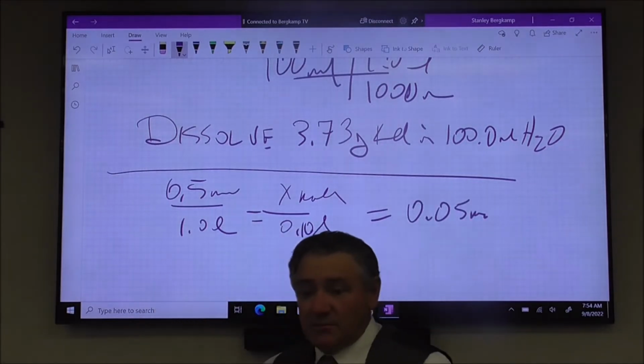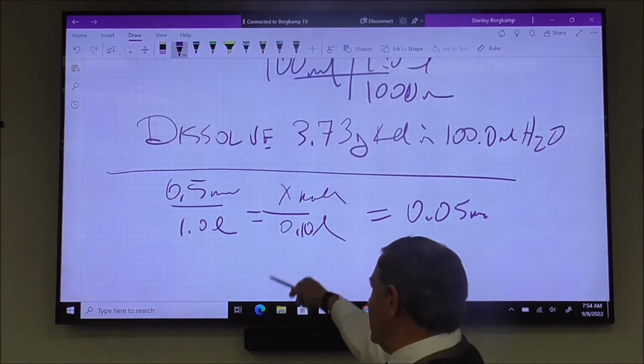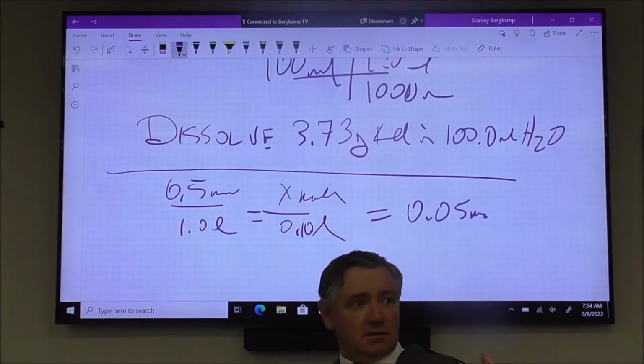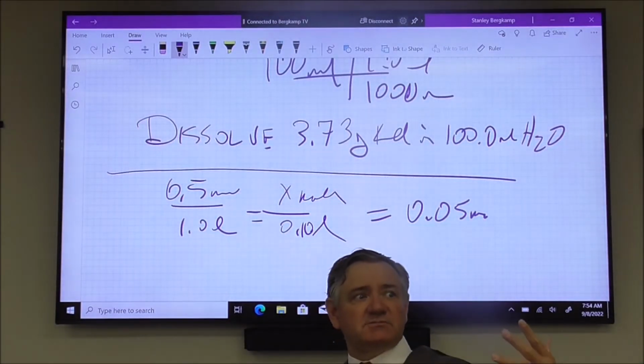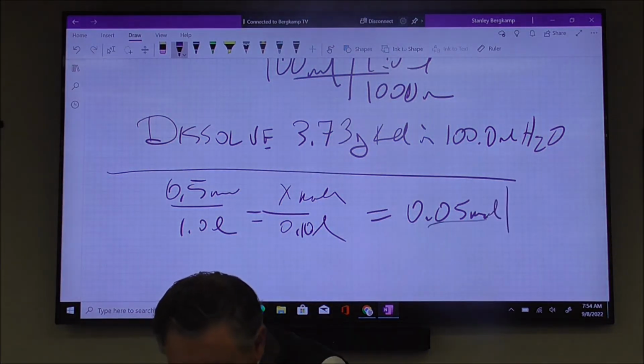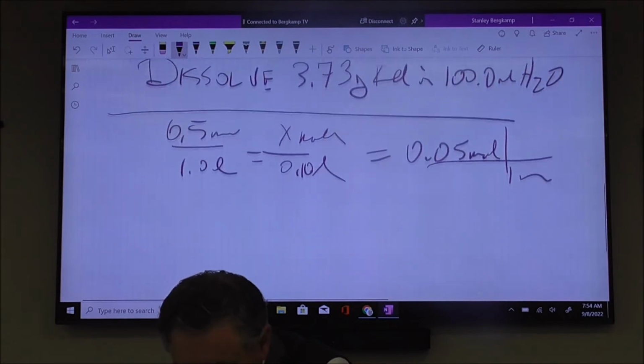That's how much I'm going to need. Because if I need a half mole in 1 liter, I'm going to need 0.05 moles in 0.1 liters. I'm not going to need as many moles. Then you can sit there and go, okay, well, 1 mole is whatever that 74.6.